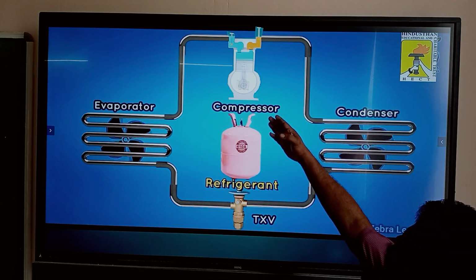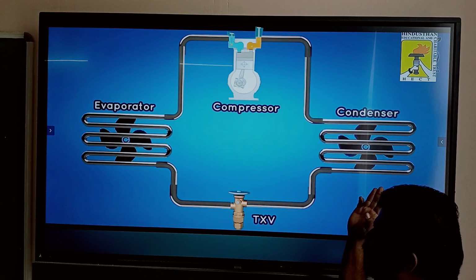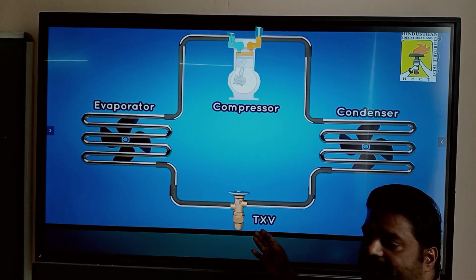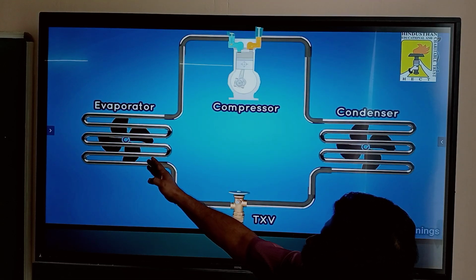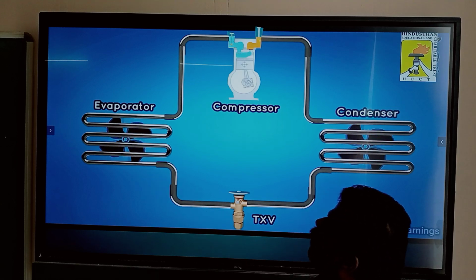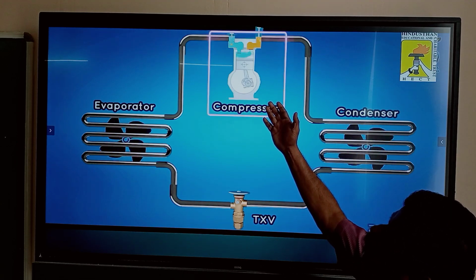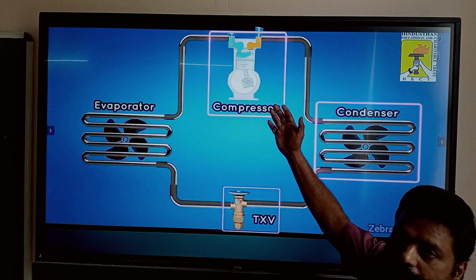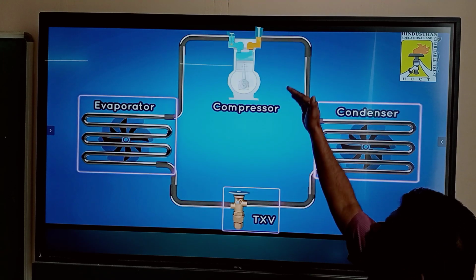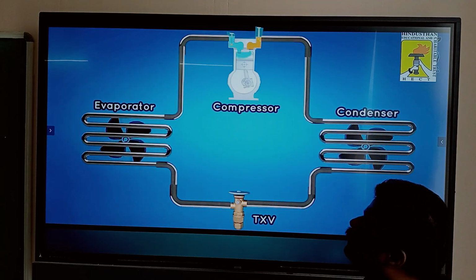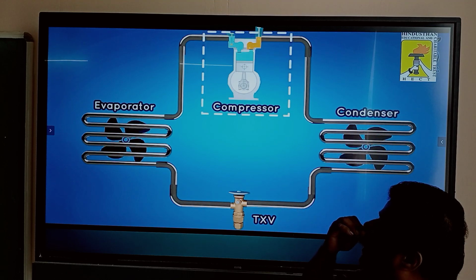So this is the compressor, condenser, expansion valve, and evaporator, right? I will start from the compressor, which is a piston cylinder arrangement.